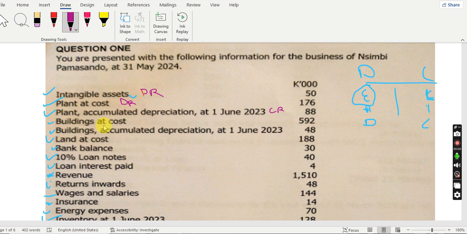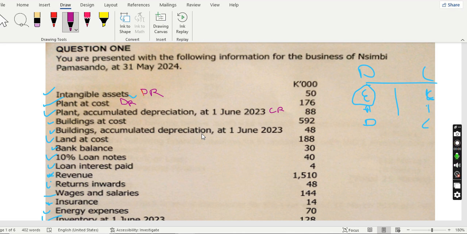Okay, next, buildings at cost. Mr. Matthews, where does this one go? Buildings at cost, debit. Mr. Douglas?